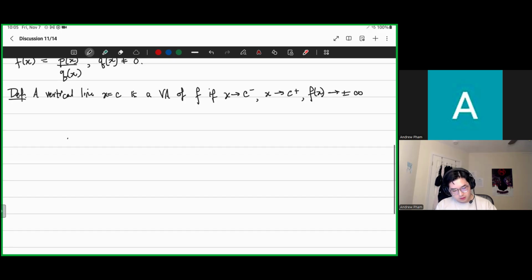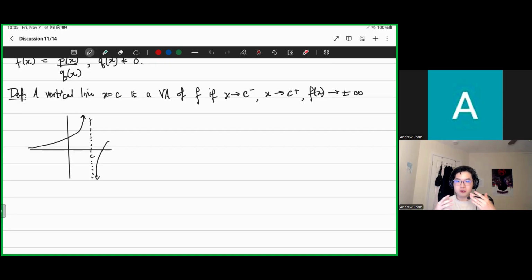Graphically, if I draw a coordinate plane and say this is c, and asymptotes are denoted by dashed lines, as my function approaches c, it either diverges up to infinity or down to negative infinity. Any combination of this will be the case.